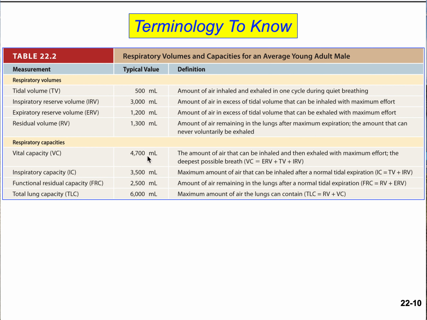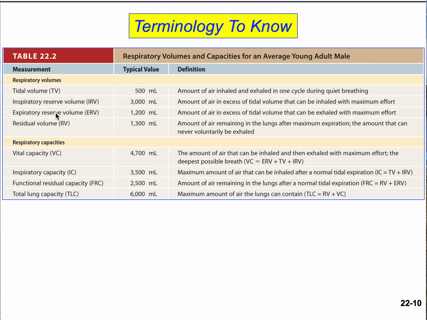So what would that be? Well, it's how much extra can you exhale and how much extra can you inhale. 3,000 is how much extra you could inhale. 1,200 is how much extra you could exhale. If you add that to the tidal volume, all those together come up to 4,700.